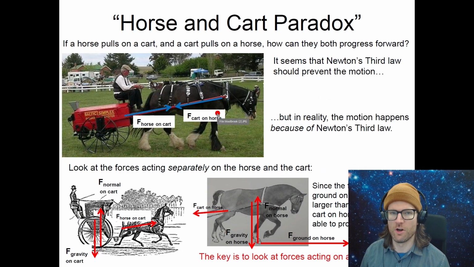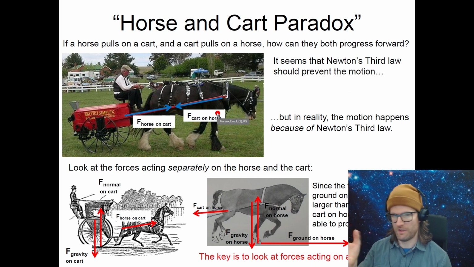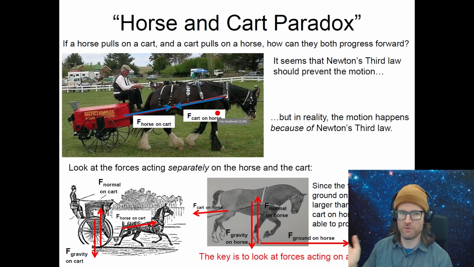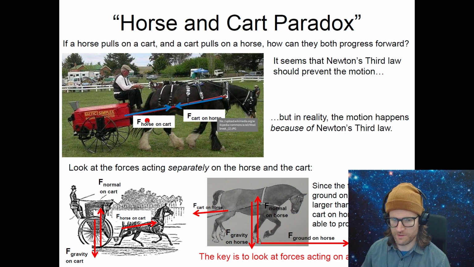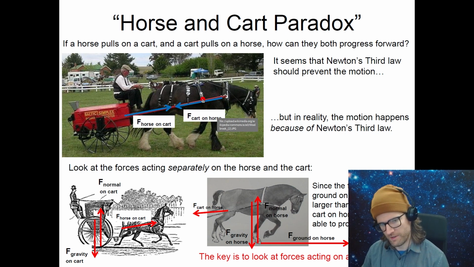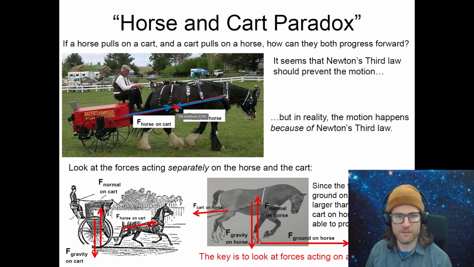Okay, let's see this, the cart and the horse paradox. How can a cart and a horse move if every force has an equal and opposite force? So the key is that the horse is pulling on the cart to the right, and the cart is pulling on the horse to the left. Doesn't that mean that the net force on this whole thing is zero? And the answer is no, it's not.